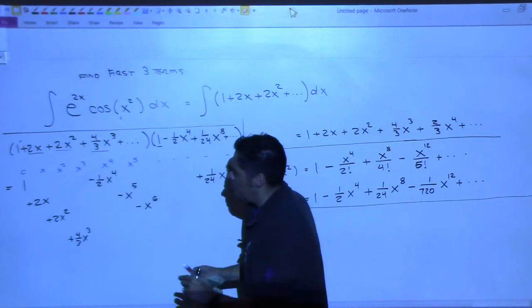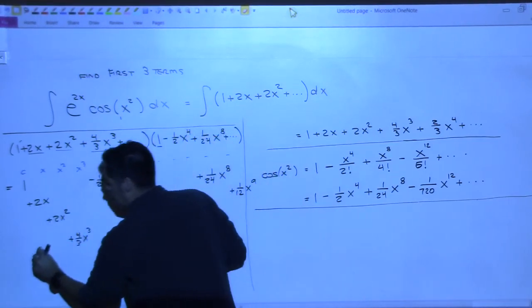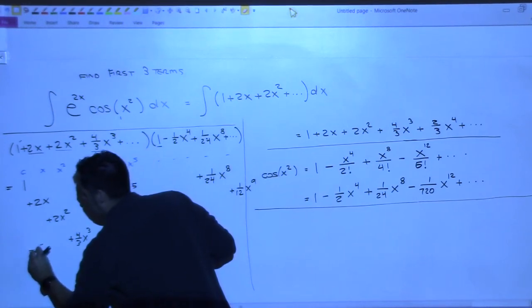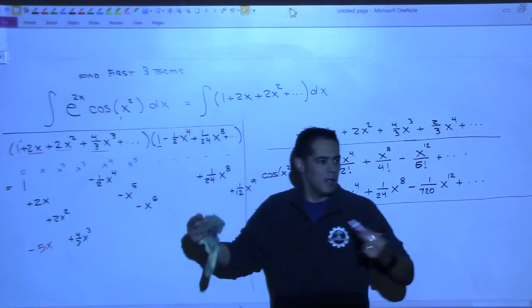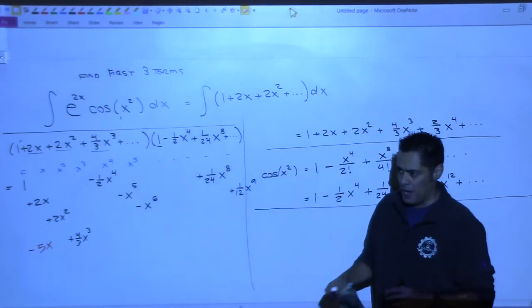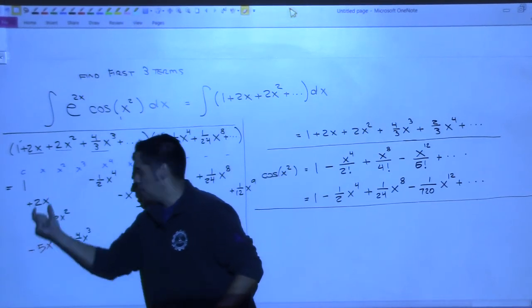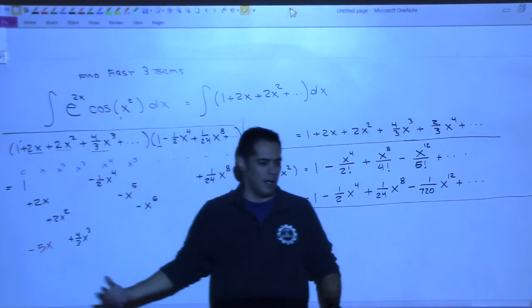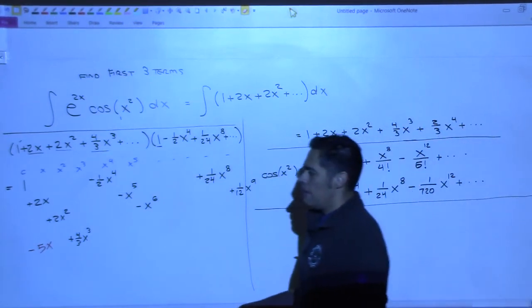Just for the sake of demonstration, what would happen if we had done this and on one of our multiplications we would have got, let's say, like a minus 5x down here on one of these rows down here. Then we would add them together and we would say negative 3x. Okay? So like you would look and say, oh, I've got two things here, so I've got to add these together. Negative 3x would go up here. So is that way you could check if anything would interfere with the other terms?